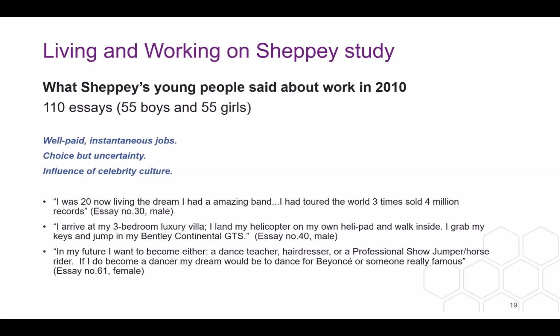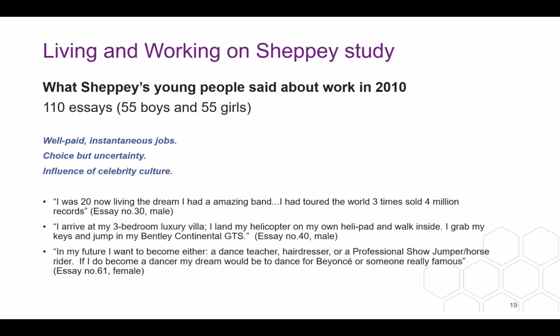So for Sheppey's young people in 2010, we hear, actually, broadly speaking, the general themes were the same. So they still talked about things like health and family life and leisure activities, but they talked about them in very different ways.